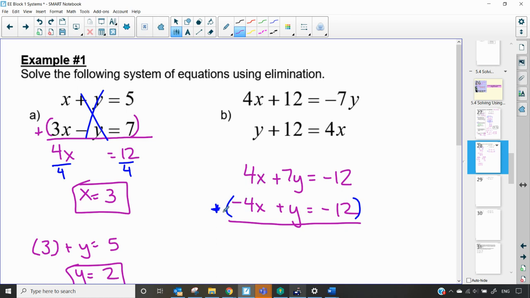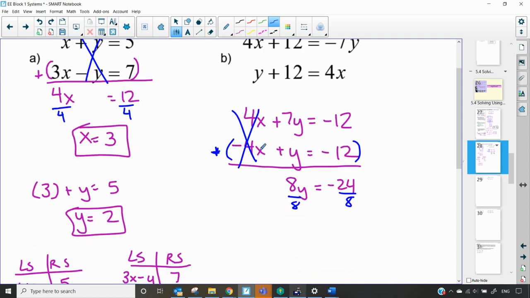All right, so 4 plus a negative 4, this is going to cancel. And I have 7y plus y gives me 8y. And a negative 12 plus a negative 12 is negative 24. Dividing by 8 on both sides leaves me with y equals negative 3.